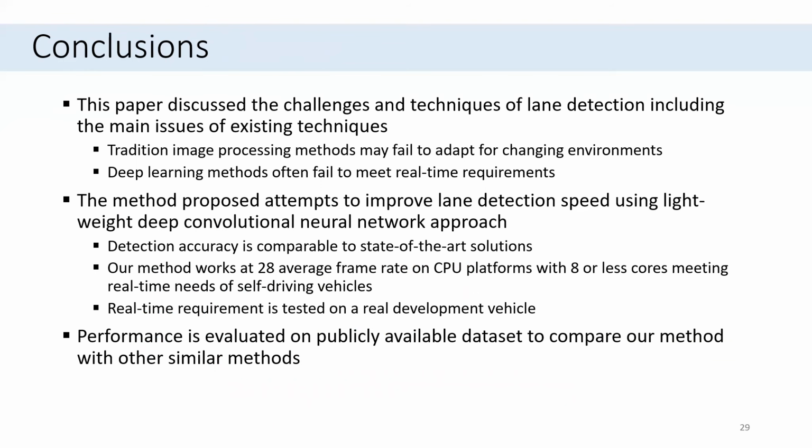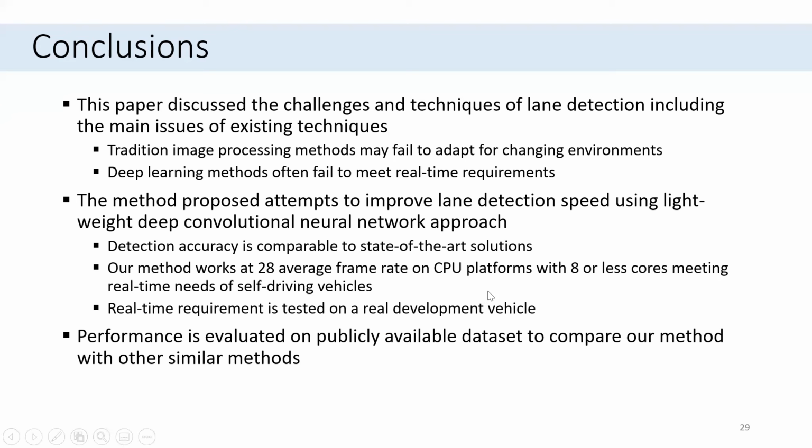To conclude, I talked about the lane detection challenge and the common techniques, including the issues related to each detection approach. We proposed a simple deep convolutional neural network that can detect lanes at a comparable accuracy with respect to state-of-the-art solutions.